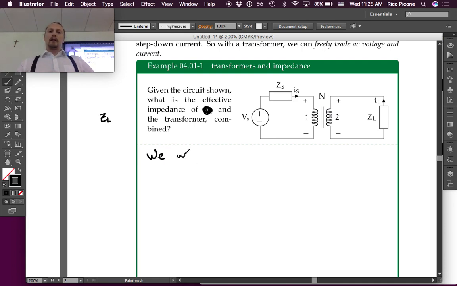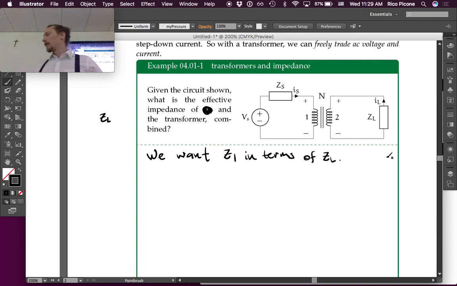We want Z1, and we want to write it in terms of ZL. So it's good to clearly understand what you're looking for.